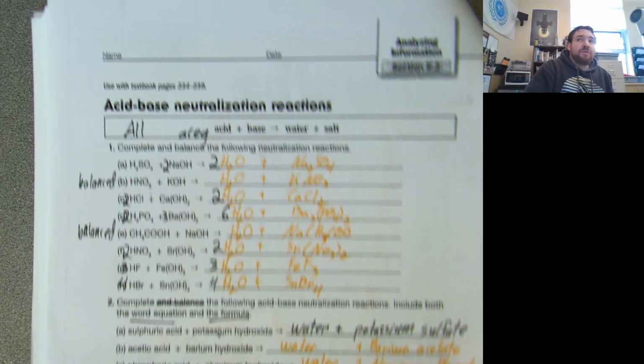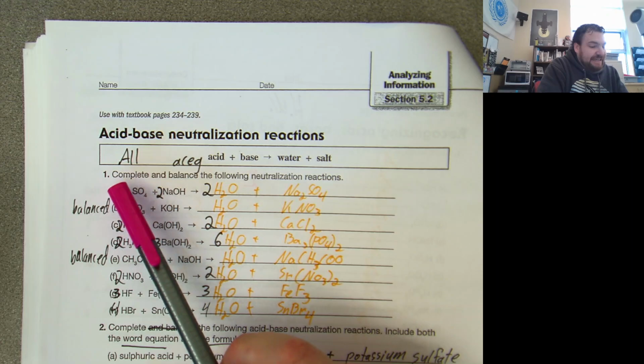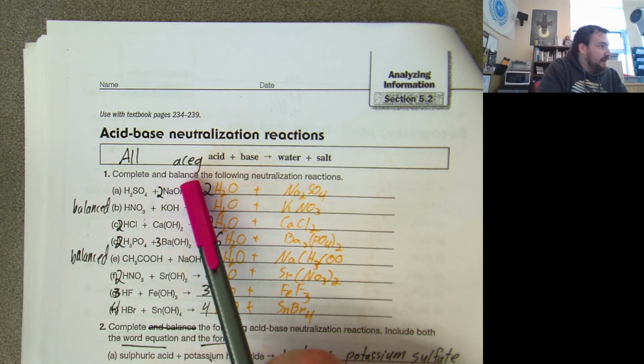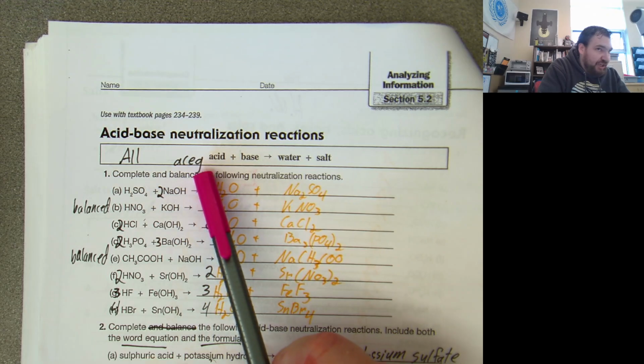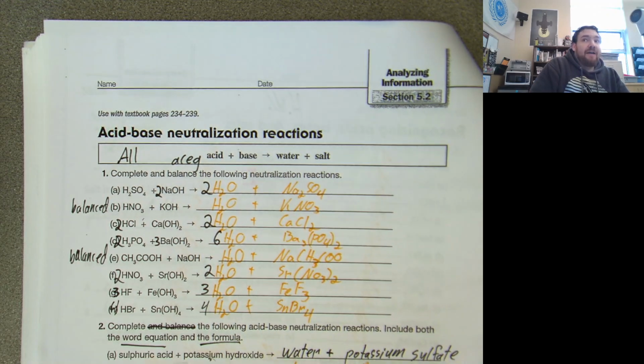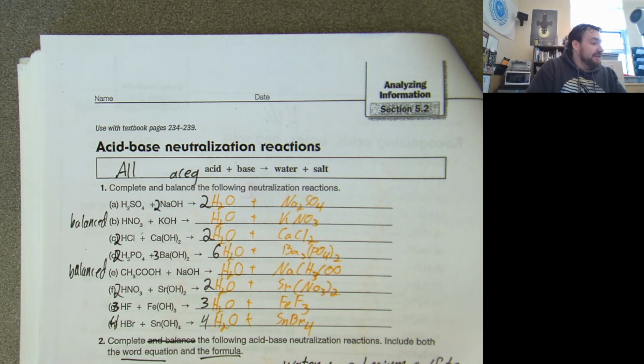I told you I wanted you to complete all, but only balance letters A, C, E, and G. For those of you who maybe went a little bit overboard, I balanced all of them because really it's not that hard. So if you did more than you were supposed to, there they are.